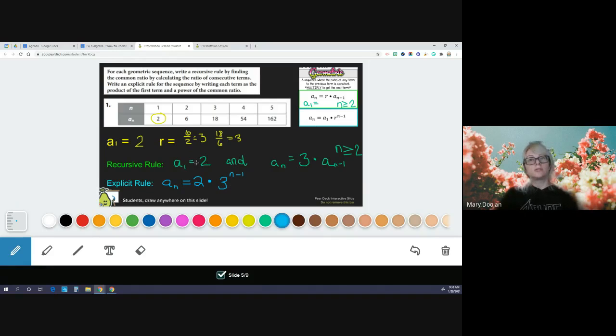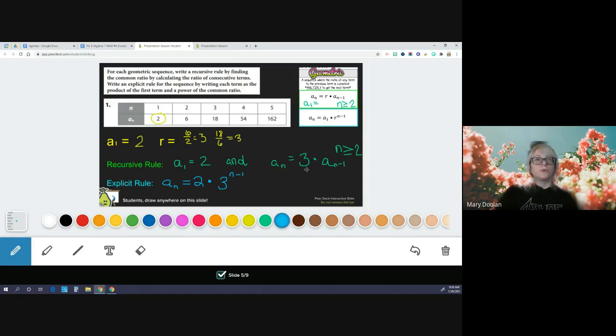And then I could also use this rule. Here, you would have to have them written out. But basically it means if you want the sixth term, you have to know the fifth term, which is 162. You just multiply 3 and 162. Okay, but these two rules work for any value of n. The recursive one works for any value of n greater than 2.